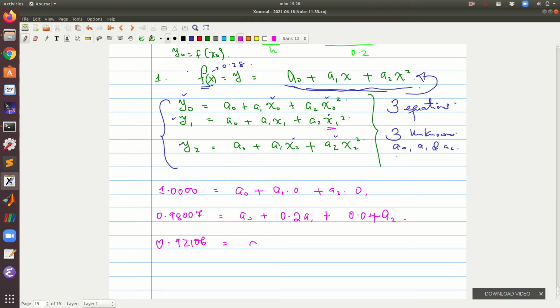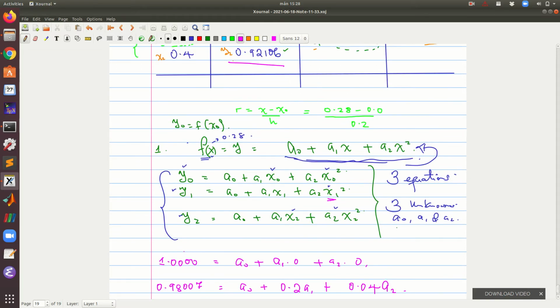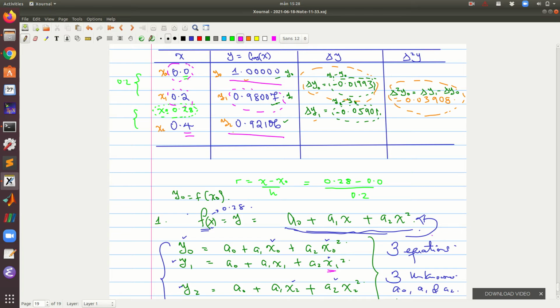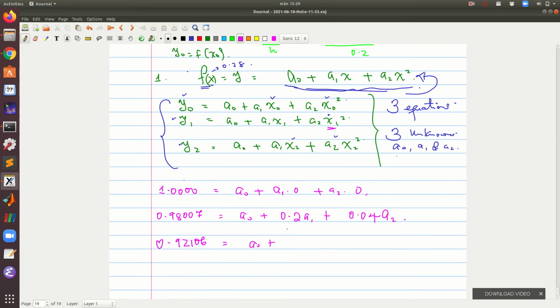0.92106 equals a naught plus, what is x2? x2 is 0.4, so we have 0.4 a1 plus 0.4 squared, that is 0.16 a2.